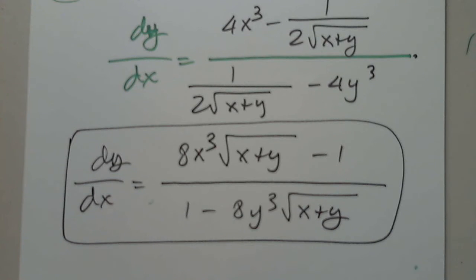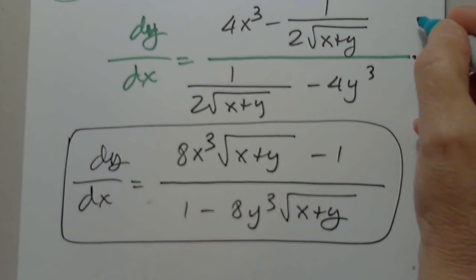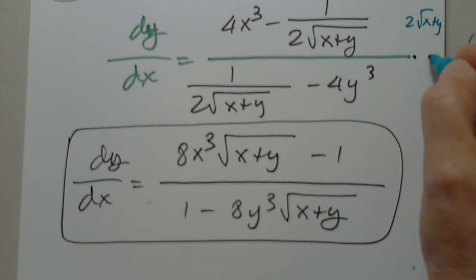Any questions? So again, what I did here, both top and bottom, I multiplied by 2 the square root of x plus y.